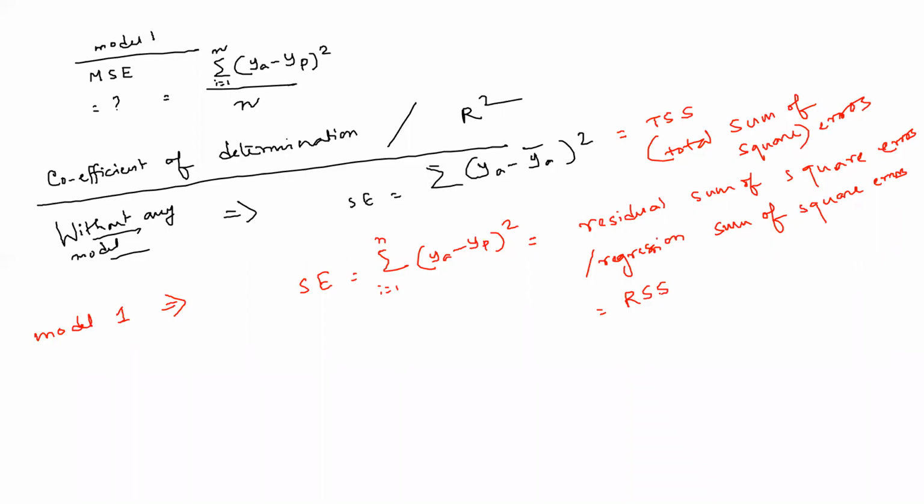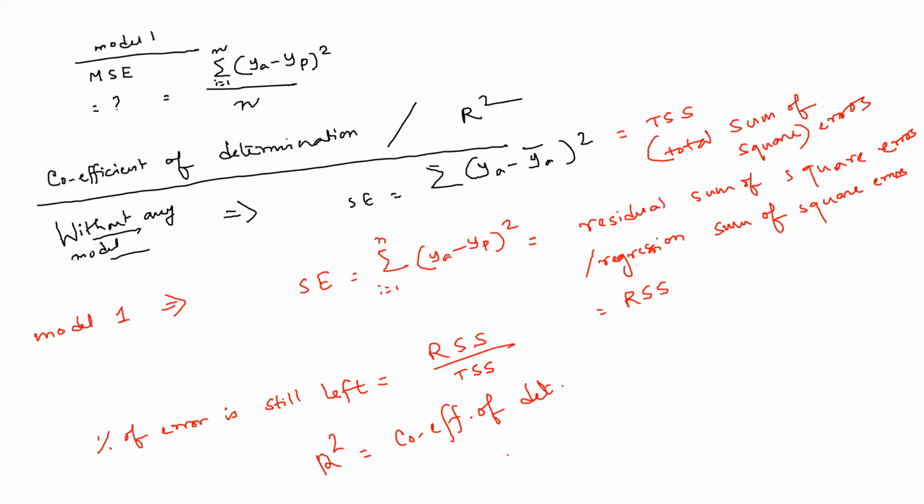Then what percentage of error is still left after the model? That is nothing but RSS by TSS. This is the error which is still left in the model, in percentage. How much you can explain is called R square, or the coefficient of determination, which is 1 minus RSS by TSS.